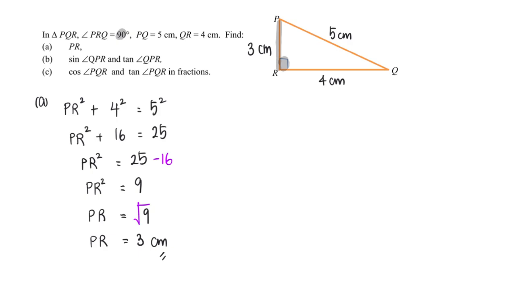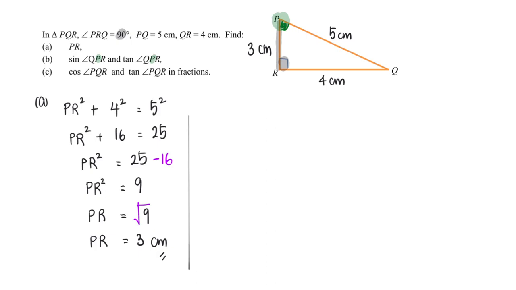Next, let's look at part B. For part B, step 1 is to see what angle we are looking at. So I will have QPR, and that will be this angle that we are looking at.